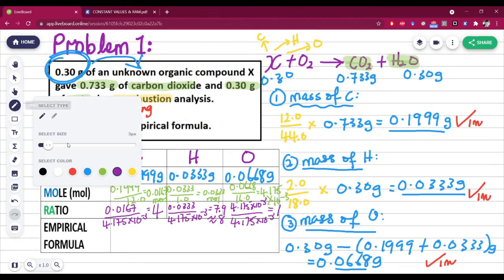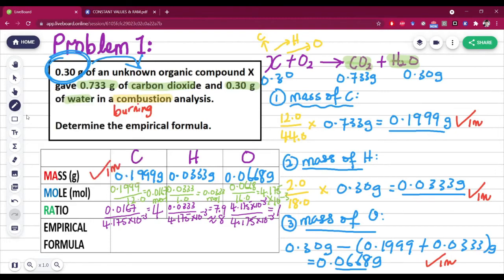So the ratio is C4H8O. You have only one, so you don't have to write number one over here. Okay. So that is for problem number one.